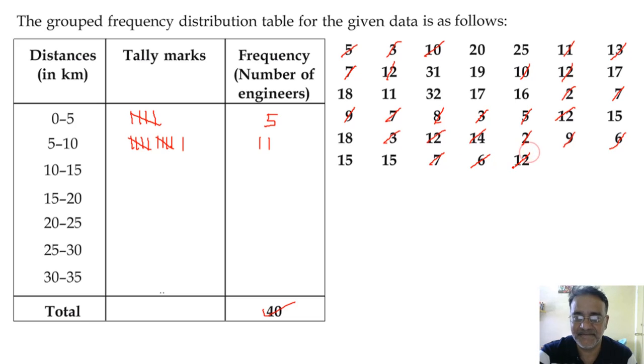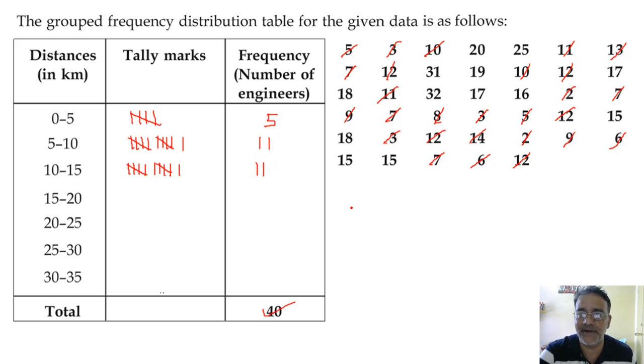Did something get missed? Sir, the third row has 11. 11 was missed. So here also 11 came. Okay, right. 1 2 3 4 5 6 7 8 9 10 11. Clear? Yes, sir.